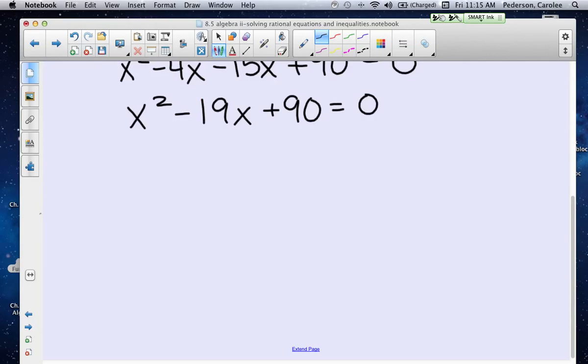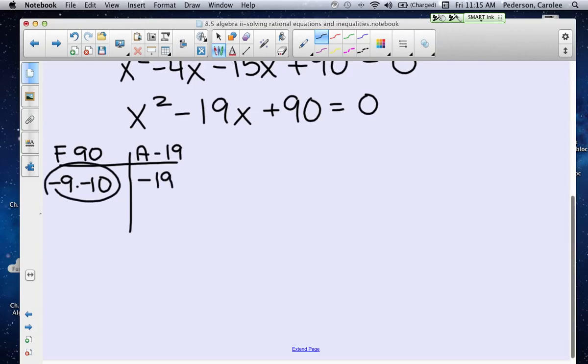So we look to see what methods of factoring we can do. We can use the chart method. And we say, what are the factors of c, so 90, that add to b, negative 19? Well, negative 9 times negative 10 is positive 90. Add it, you get negative 19. So these are the numbers we're going to work with.